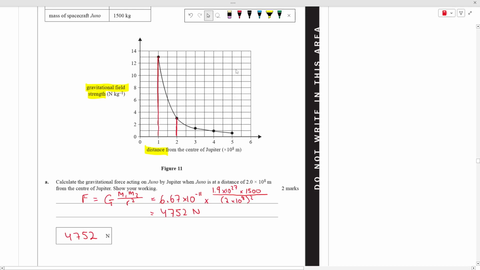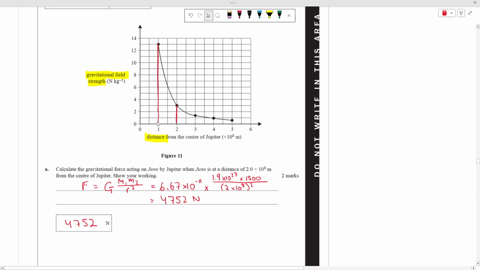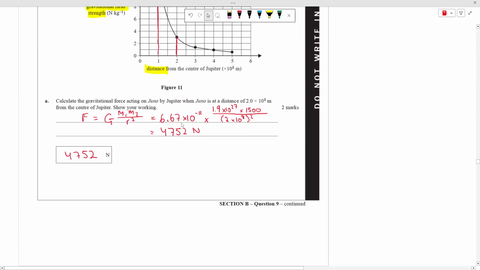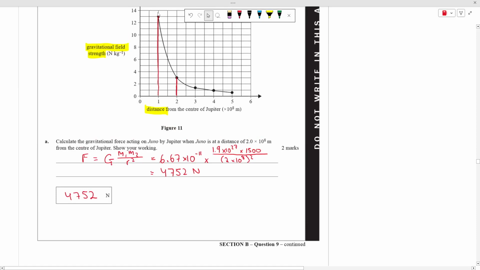Now, because this is a field strength versus distance graph, the change in gravitational potential energy is equal to the area under the graph between those two distances times the mass of Juno. If it was just a force versus distance graph, you wouldn't have to multiply by the mass of Juno.